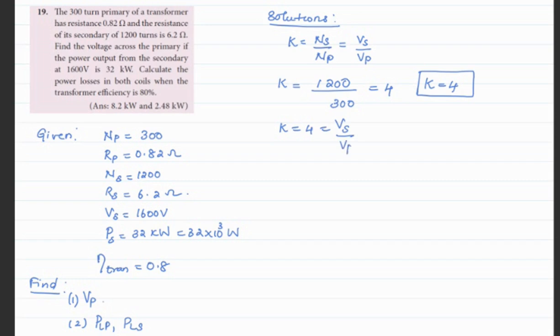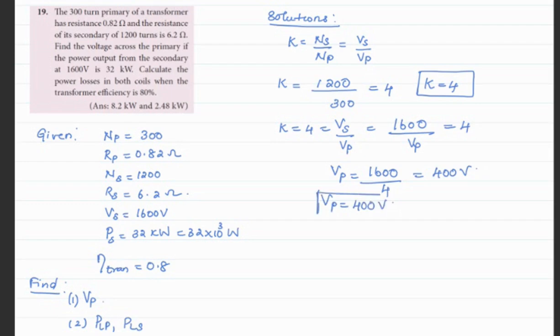Vs is 1600, so 1600 divided by Vp is equal to 4. So Vp, the voltage across the primary, is 1600 by 4, which is 400 volt. So Vp is equal to 400 volt. This is the first part of the question.